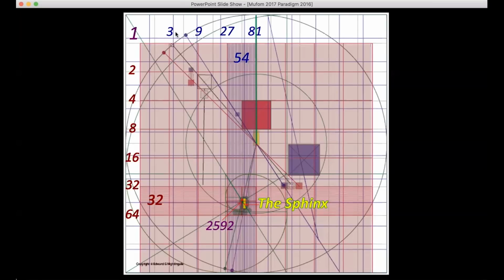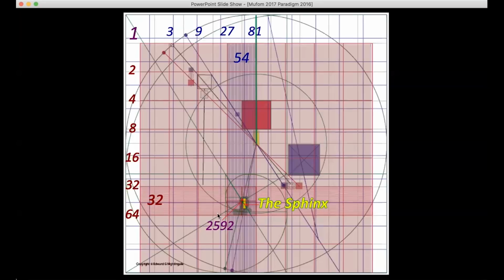So we have 54 divisions in the vertical coordinate, and then there are 32 divisions in the horizontal grid. So we're going to take that 21st square and see its divisions. That square is divided 54 vertically and 32 horizontally.